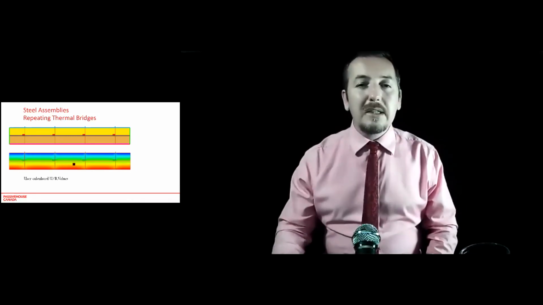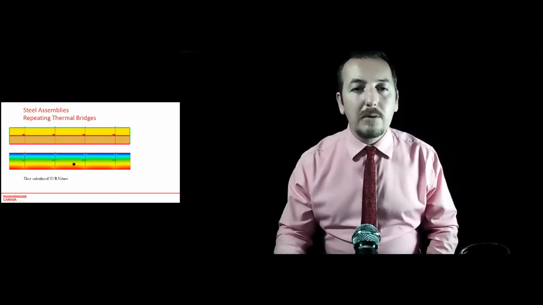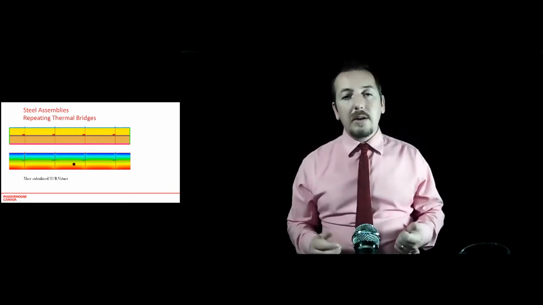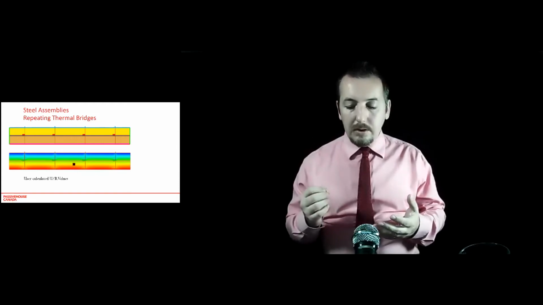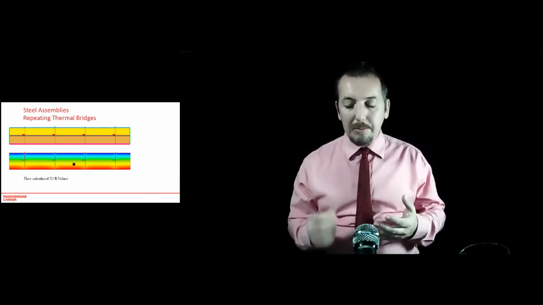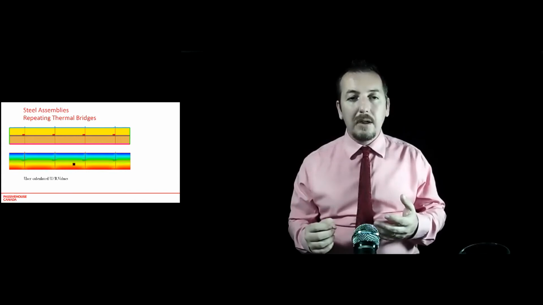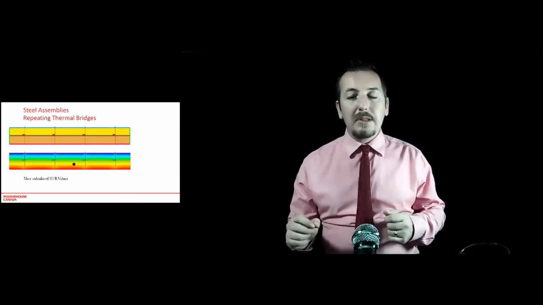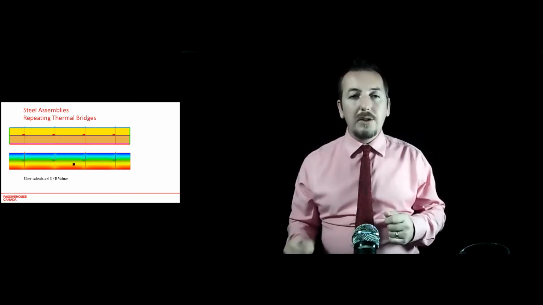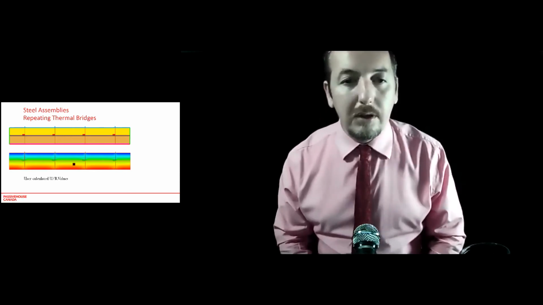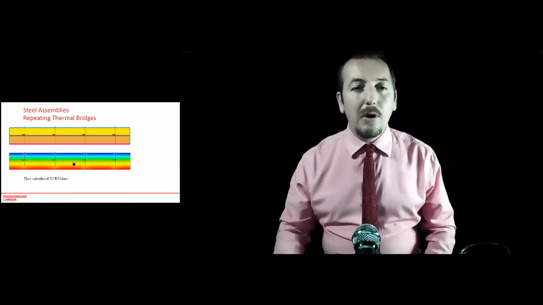But when it comes to steel, if anyone's experienced with Passive House, they'll notice that when you calculate a U value for an assembly in PHPP and you put steel in it, it'll say error over 10%, finite element calculation needed.